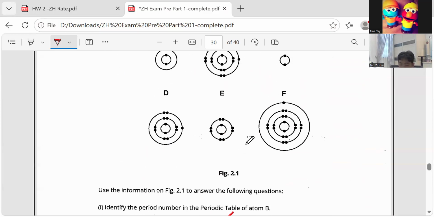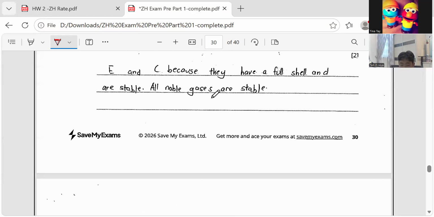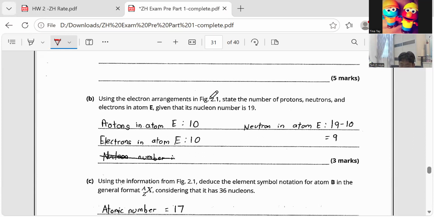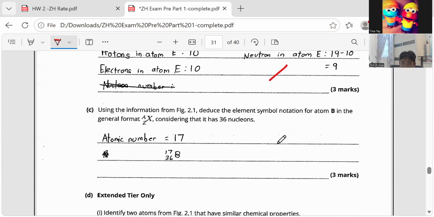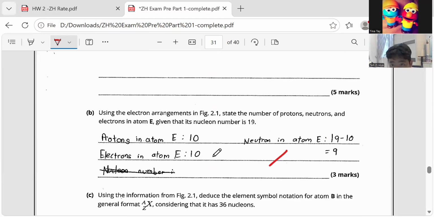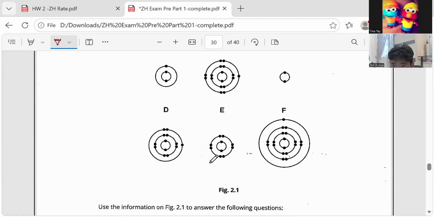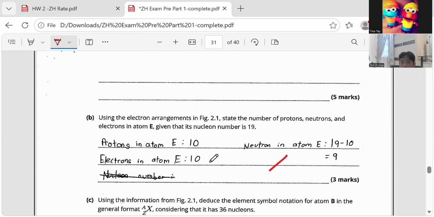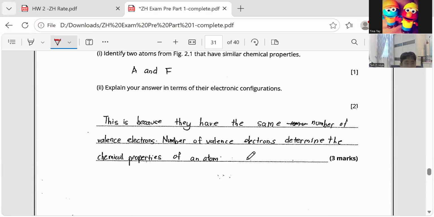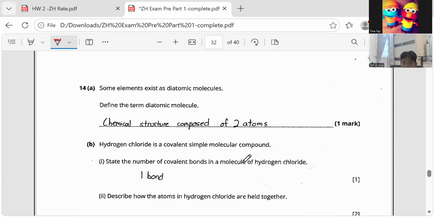Right. Okay. Yeah. See number of valence electrons. Okay.